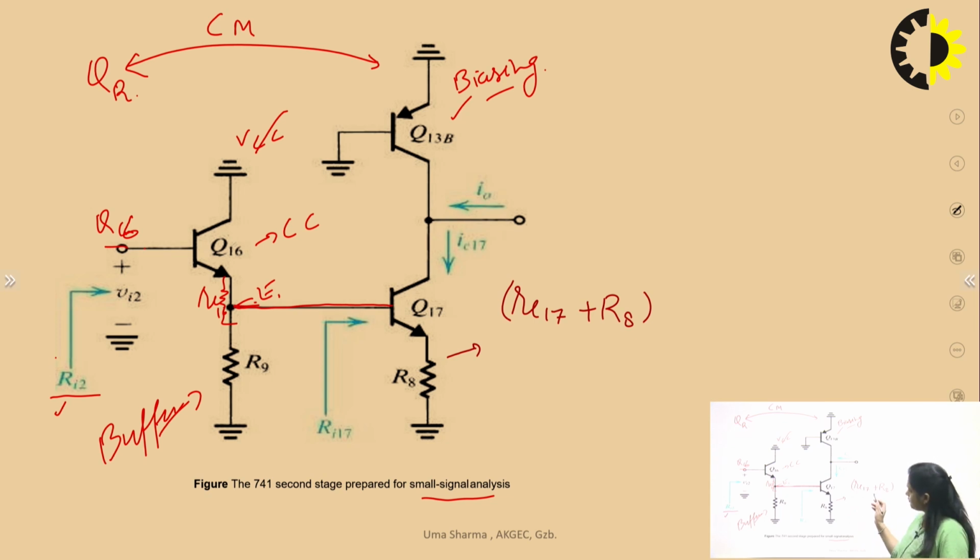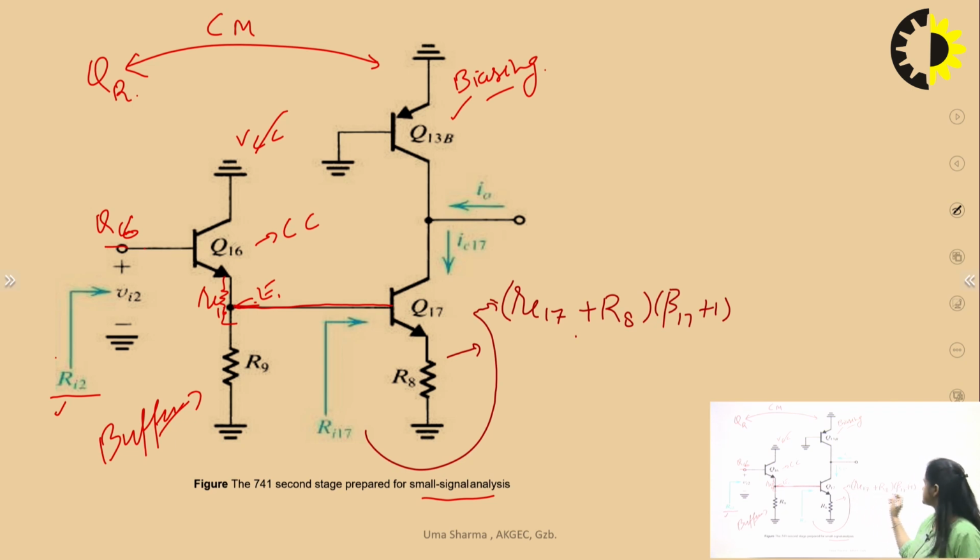So at the emitter node, this is the value of resistor. If I want to transfer this resistance at the base, which is represented as Ri17, meaning input impedance of Q17 transistor, then this will be multiplied by beta 17 plus 1. So this is the value of Ri17, Re17 plus R8 multiplied by beta 17 plus 1.